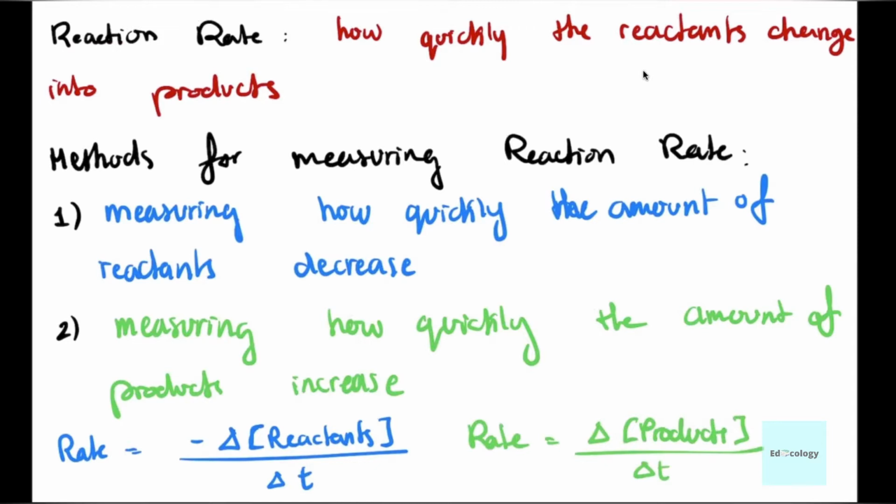And for reactants, the concentration gradually decreases, which means that the final is less than the initial, so the difference between them will be negative, okay? So we have to put a negative sign outside. We multiply negative by negative in order to have a positive number because we cannot have our reaction rate be negative.